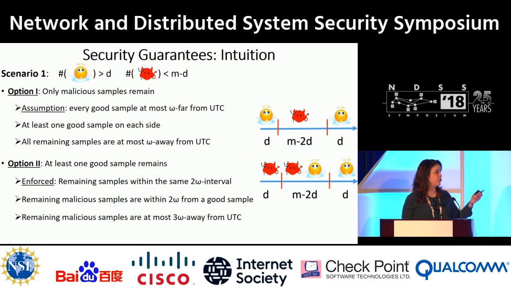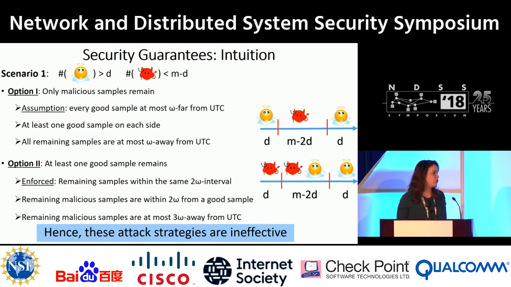And if we have at least one good sample that remains, it's not necessarily that we can bound the remaining set. However, according to our first condition, all the samples in the remaining set should be close to each other. So since the good samples are within omega of the UTC, all the samples in the remaining set will be omega close to it, and then close to the UTC. And that is why we said that these attack strategies are ineffective.